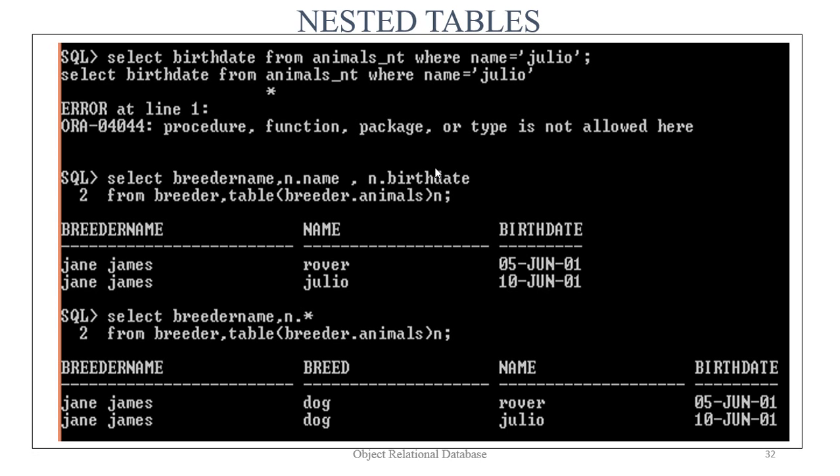In this example, the breeder name attribute is accessed directly and the name and birth date attributes of type animals nt are accessed with an instance called n.